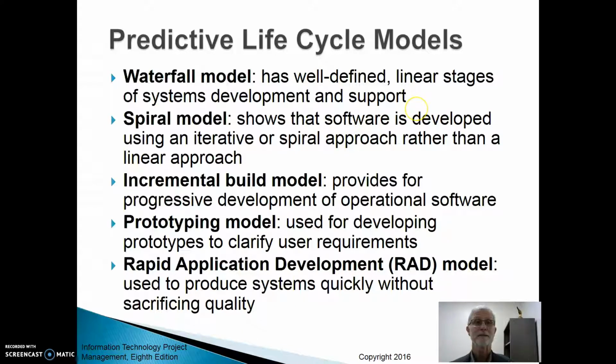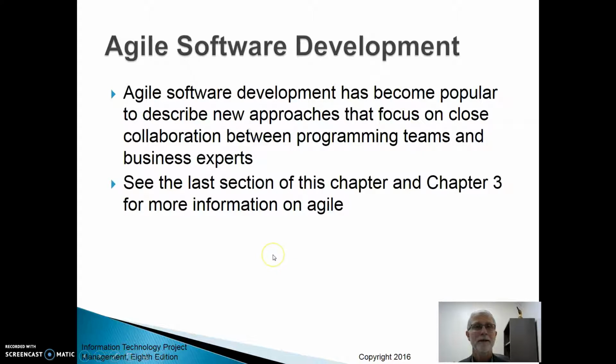The spiral model is developed using an iterative approach versus a linear one. Incremental build: I'm going to make sure I build projects along the way. Maybe I'm building a prototype, or I want to do rapid development, rapid application, rapid prototyping, get applications there. Agile is one of those rapid development approaches.